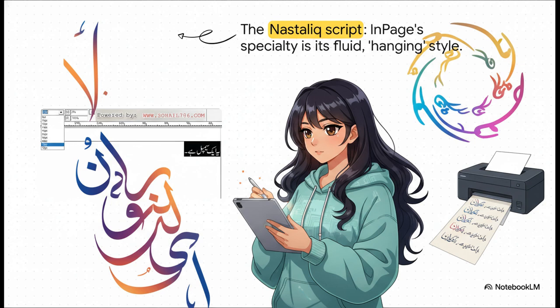This is the Nastaliq script. Do you see how the letters seem to have this natural, almost hanging flow to them? InPage makes this happen by using a massive library of over 20,000 special character combinations, or ligatures, to make sure the digital text looks just as authentic as if it were written by hand. It's the perfect example of making sure what you see on screen is exactly what you get on the page.